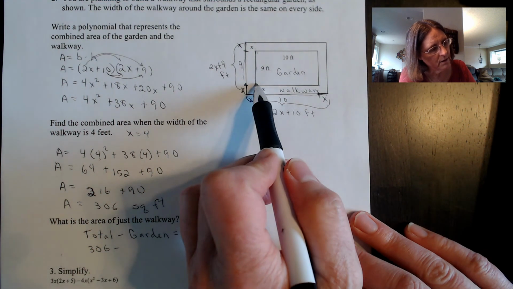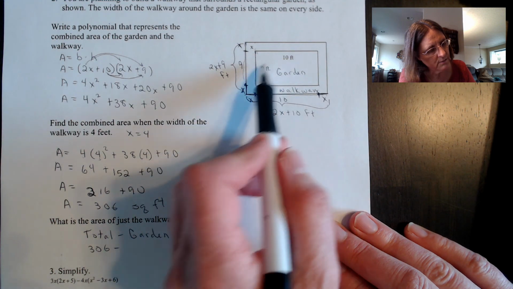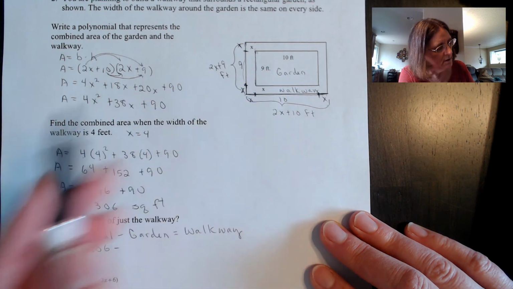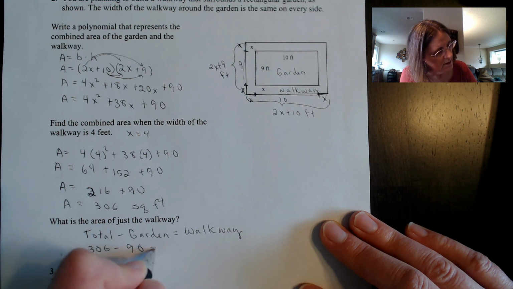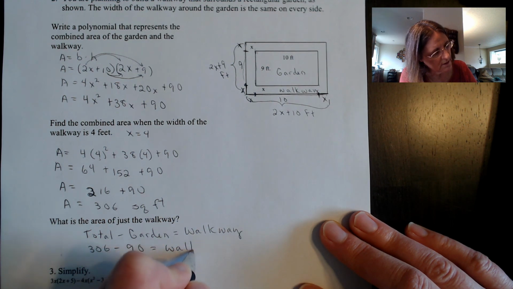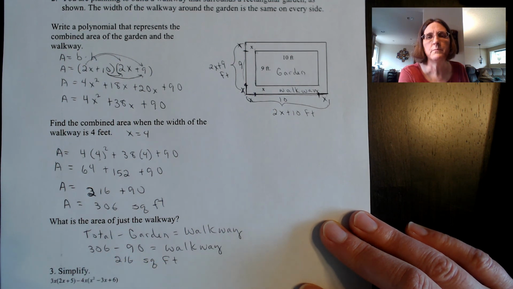My garden area is just this inside area with a base of 10 and a height of 9. So base times height, 10 times 9 is 90. So 306 minus 90 is 216 square feet for the area of just the walkway.